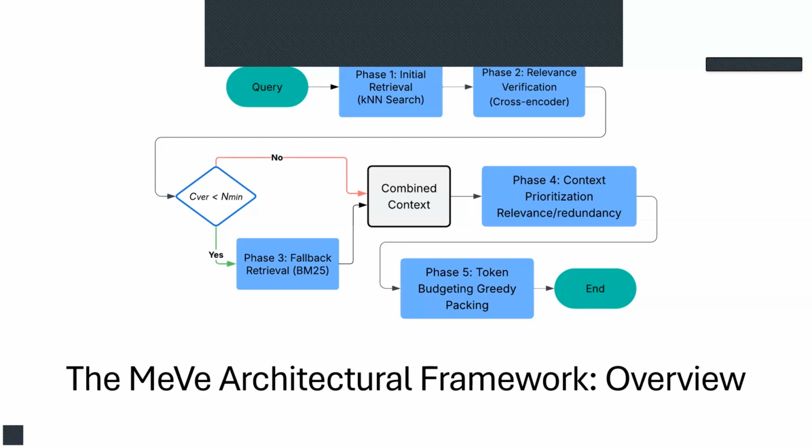Then it gives a score indicating how relevant that document is to the question. Documents with a relevance score below a certain cutoff, which we chose to be 0.5, are discarded.